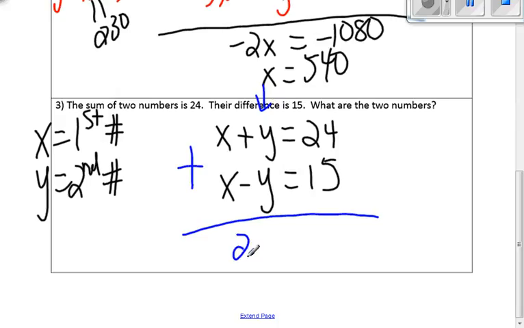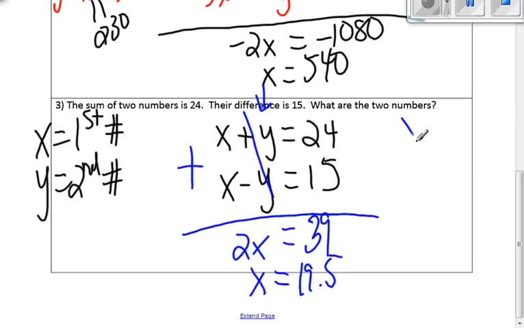X plus x is 2x. The y's cancel. 24 plus 15 is 39. Divide by 2. X equals 19.5.